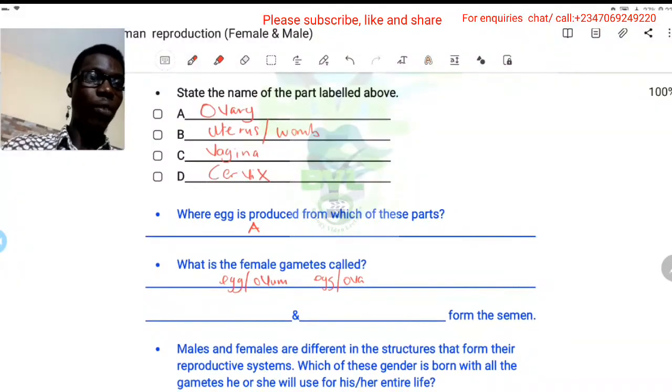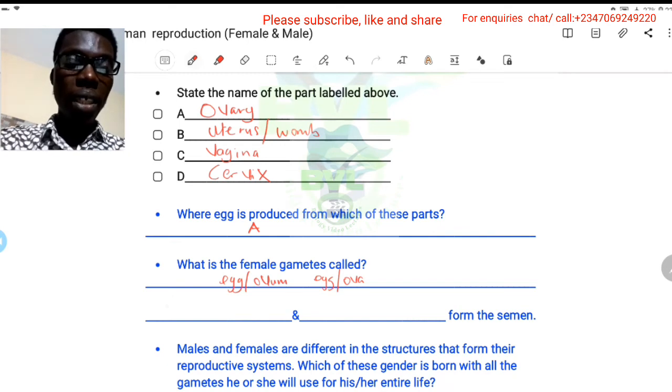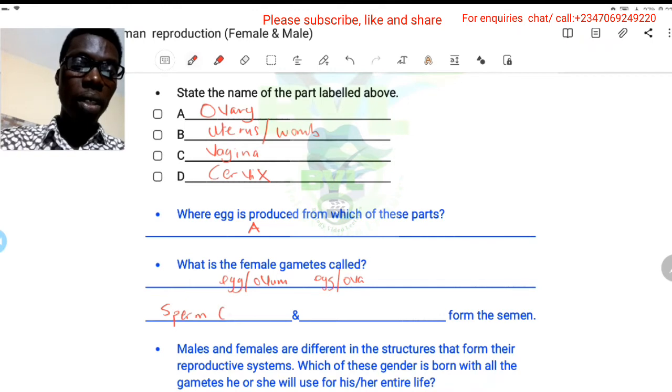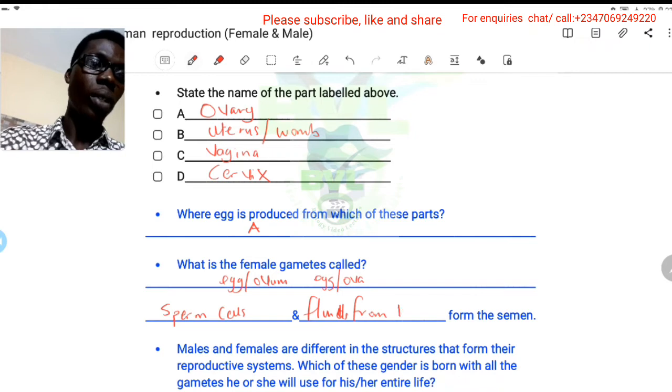Okay, dash and dash forms the semen. The sperm cells and fluids from the glands.